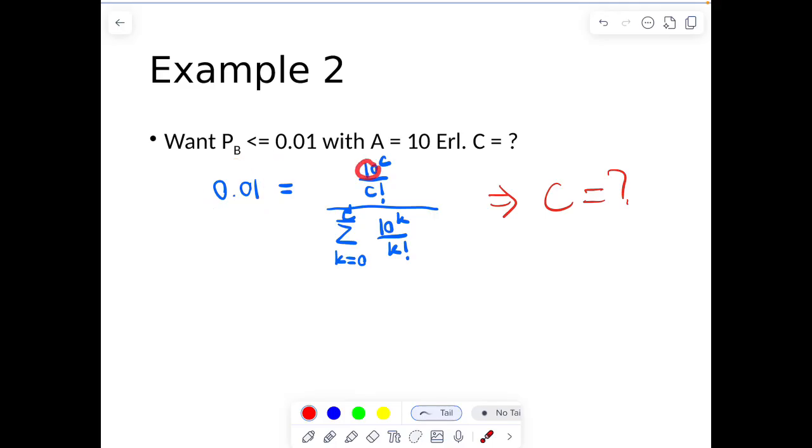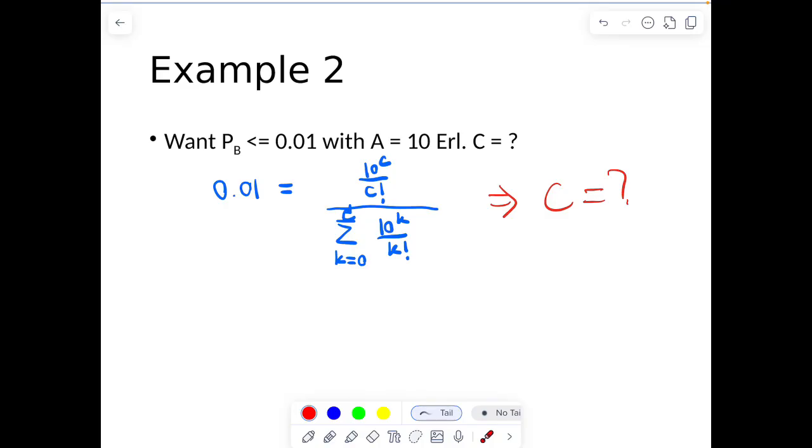So A is 10, 10 to the power c divided by c factorial, and then there are summations of 10 to the power k divided by k factorial, k from 0 to c. The question is, what should be the c? Now how do you solve this, because the c is also the number of terms?